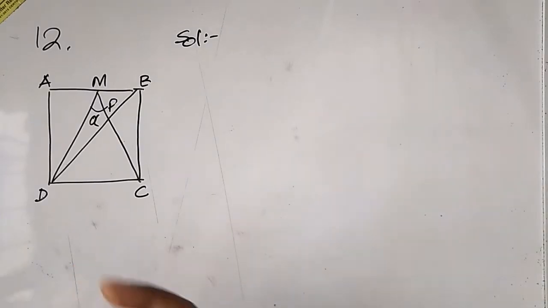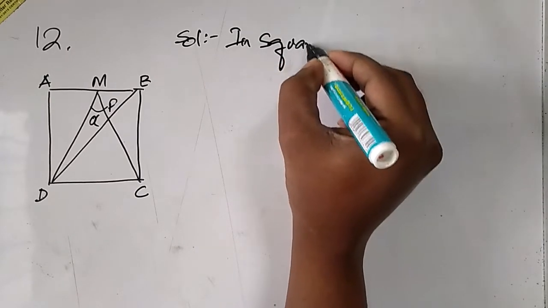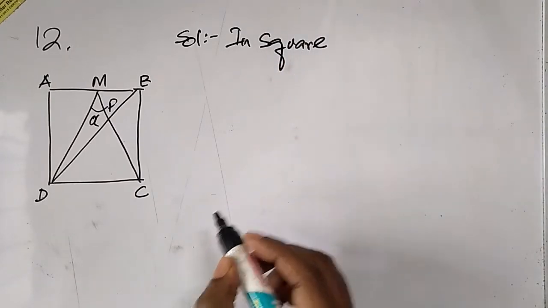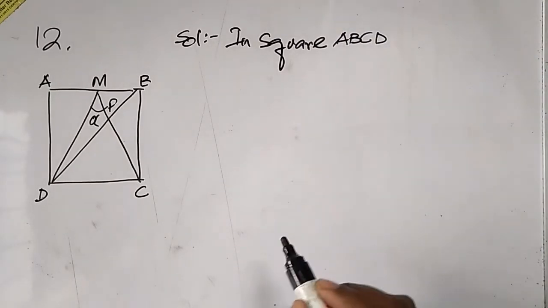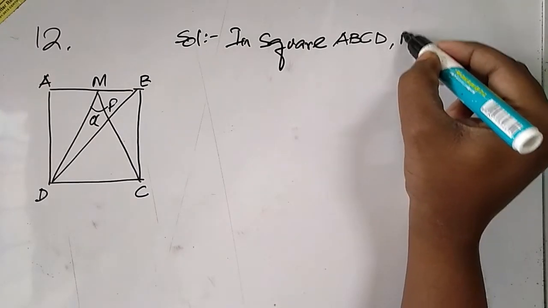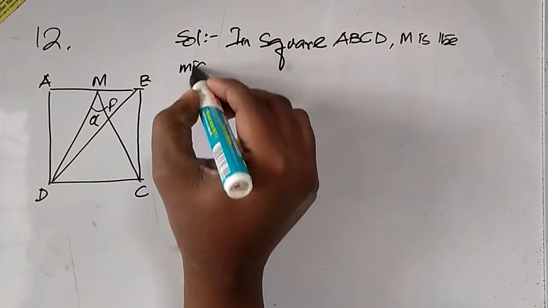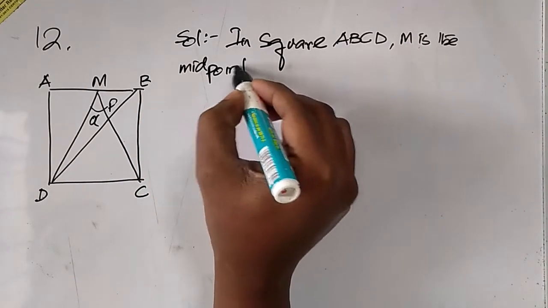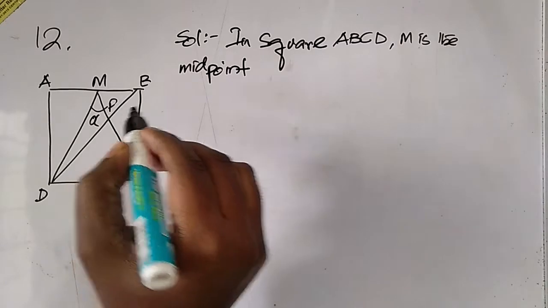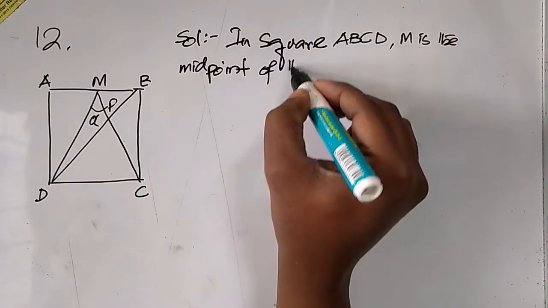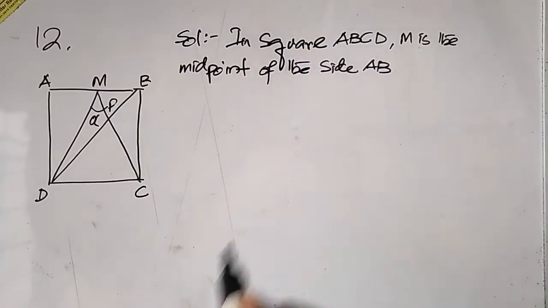First we have to write about the diagram. So we'll have to write, in square ABCD, M is the midpoint of the side AB.